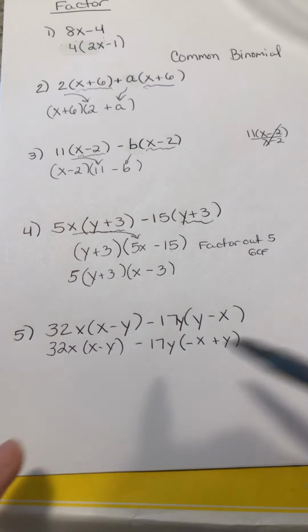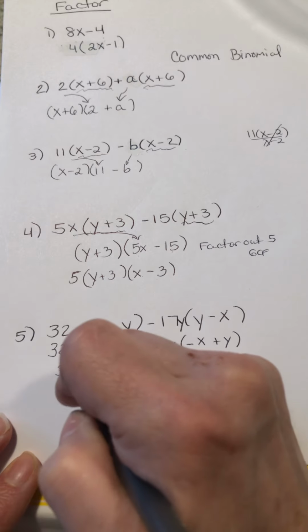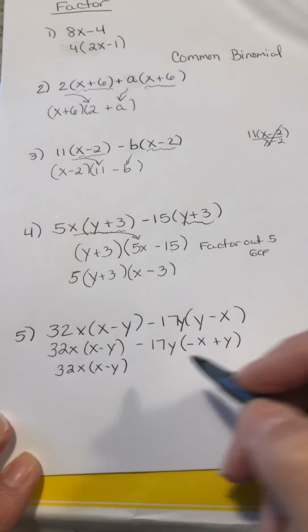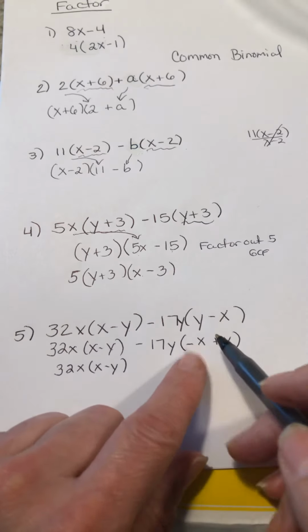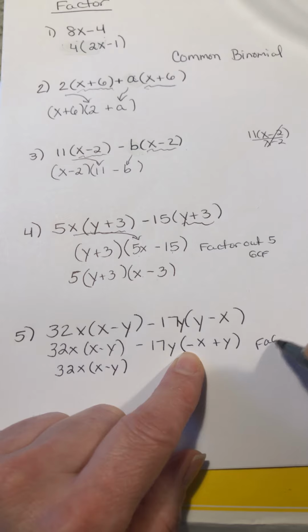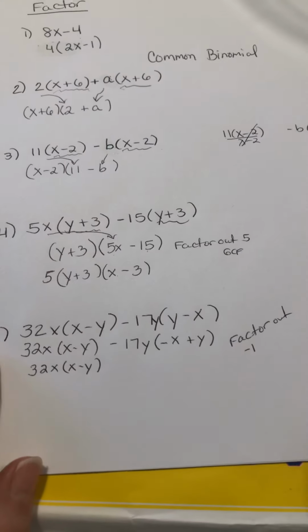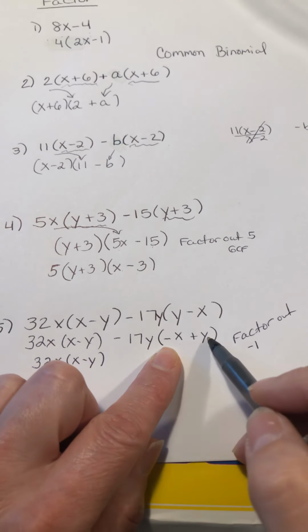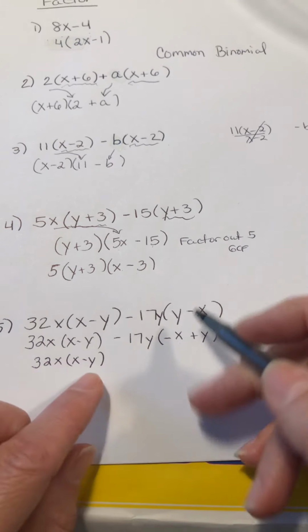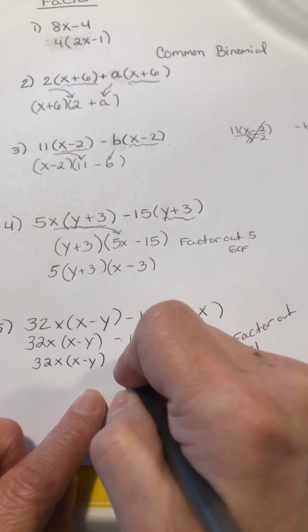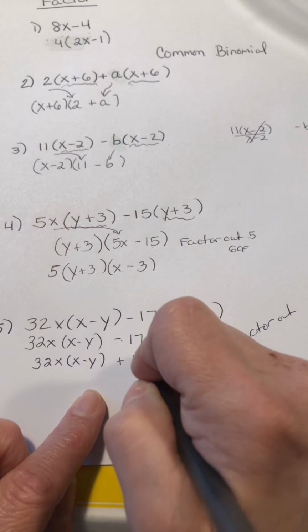So what we can do here in order to do our common binomial factoring, where the binomials have to be exactly the same, is factor out a negative 1. I can factor out a negative 1 from this set of parentheses. And if I take out a negative 1, that will change the sign here from a negative to a positive.